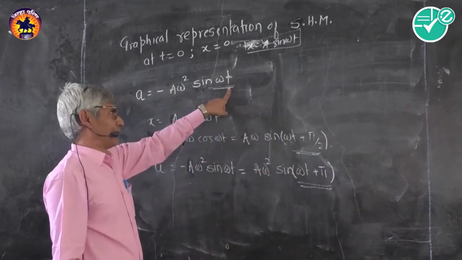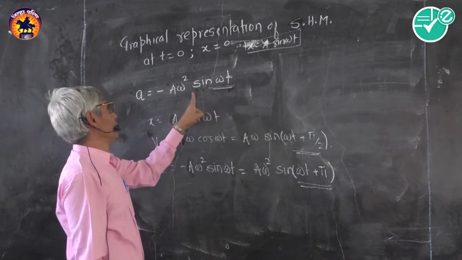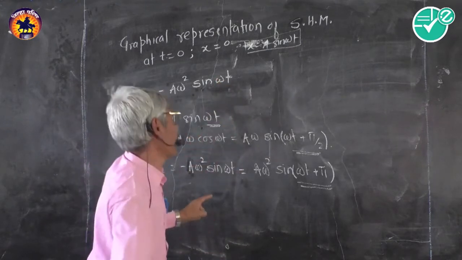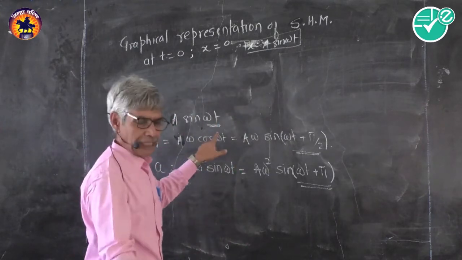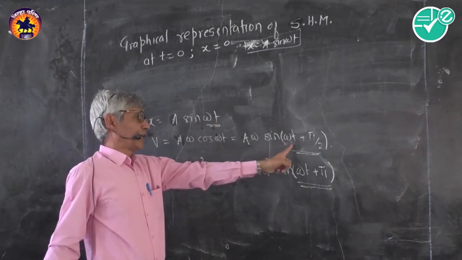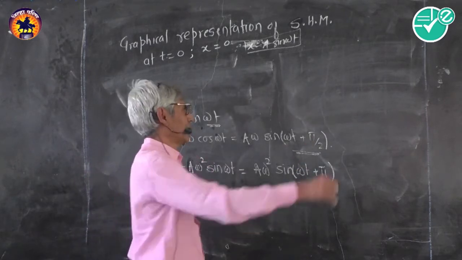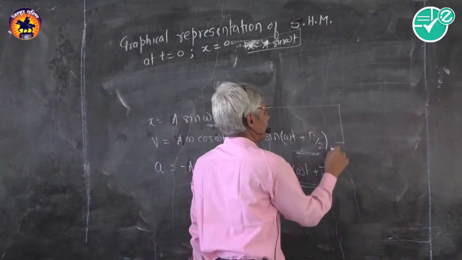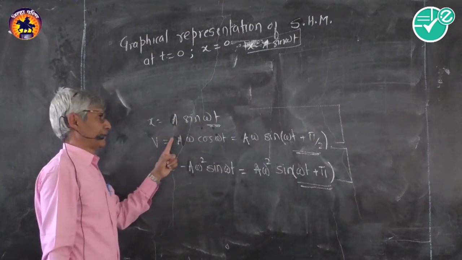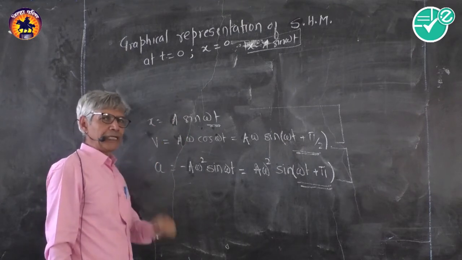If we look at the phase angles, the displacement x is a sin omega t, that is, the phase angle is omega t. In this case, the phase angle will be omega t plus pi by 2, and this is omega t plus pi. So we can conclude from these equations that there is a phase difference of pi by 2 between the linear displacement and linear velocity of the particle.